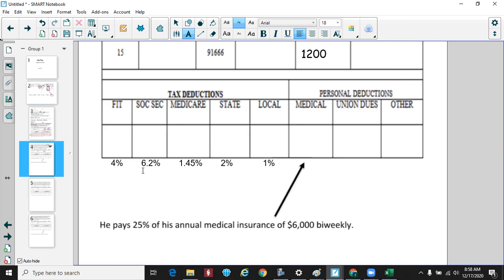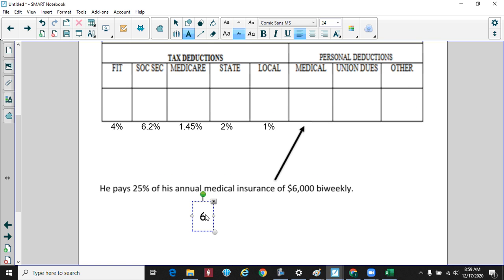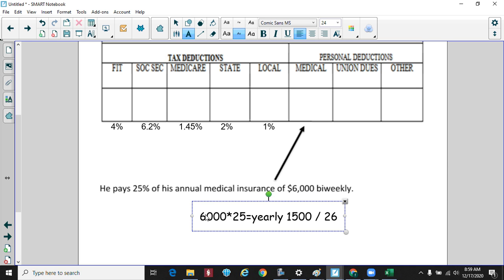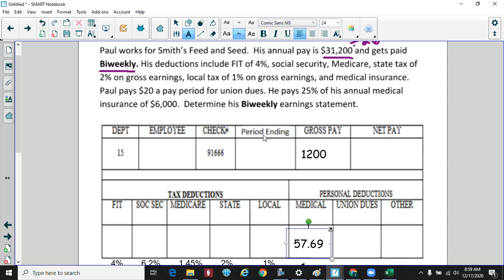So here $6,000 is how much his insurance is, but he only has to pay 25% of that, which is $1,500. But again, that's yearly. He's got to pay this yearly, but it gets evenly distributed amongst all of his paychecks. So we're going to divide that by 26, which means every single time he gets a paycheck, $57.69 gets taken out. All right.